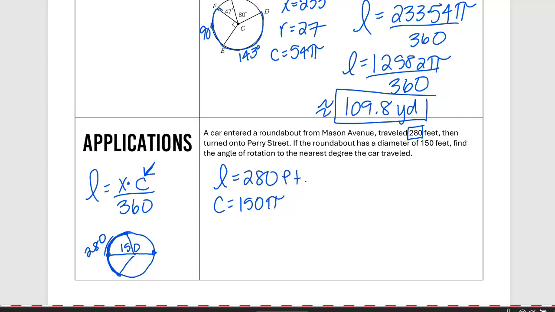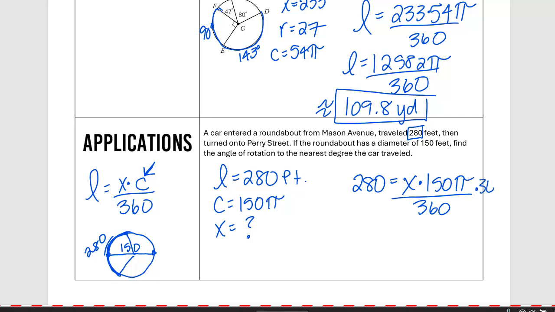So that means that we're trying to find X. Let's put all our information in and solve for X. So our arc length, which is 280, equals X, which we're trying to find, times our circumference, divided by 360.